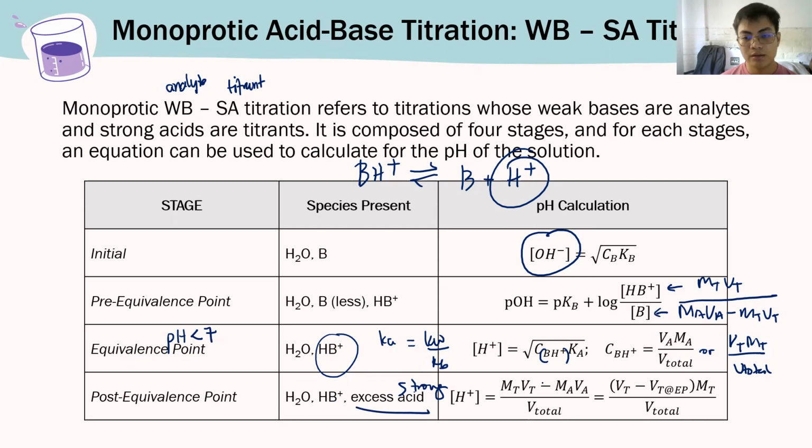Therefore, the equation is ganito lang din. Okay? Parang kanina lang din talaga. So the excess titrant minus analyte over V total. But since you have the strong acid, it's H plus now. Kanina kasi, strong base yung excess, so OH yung nasa solvent. Now, it's acid naman. Okay, so it's H plus. Okay. So those are the rationale behind the equation.